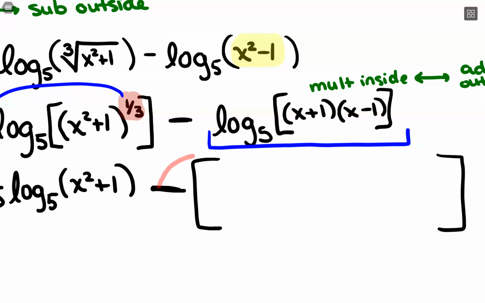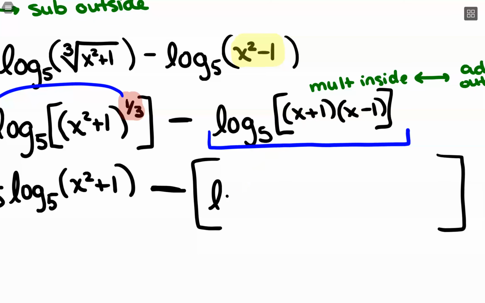Because what we're going to end up needing to do is distribute that subtraction inside. So if you have operations occurring out in front of your expression and you make an expansion, you have to use these parentheses to have it translate correctly. So here we had multiplication inside, so what we can do is separate to addition of 2 logarithms.